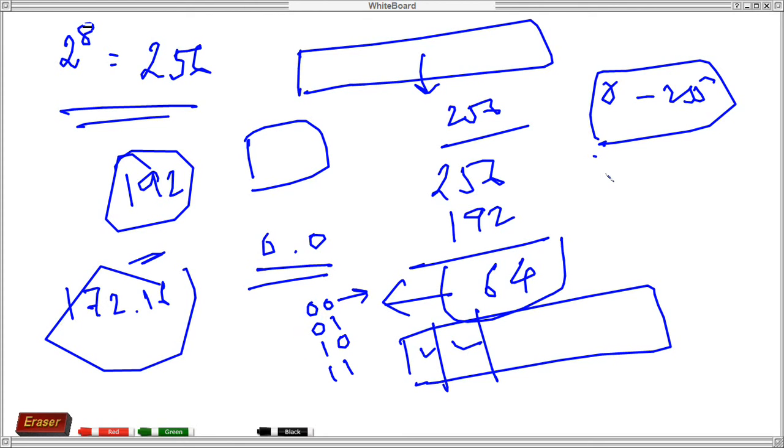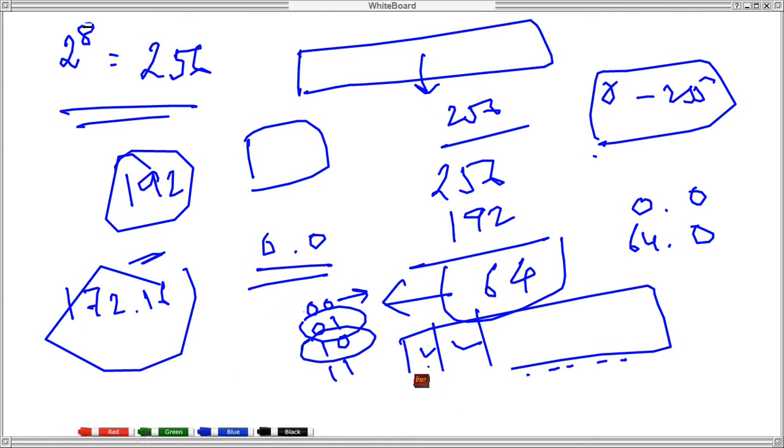If it is 0 0, then it has to be 0.0. If it is 0 1, that means this value is 0, this value is 64, remaining all are 0, so it has to be 64.0. If it is 1 0, then what will be the value? This bit is 128 and remaining all are 0, so it will be 128.0. And if it is 1 1, it will be 192.